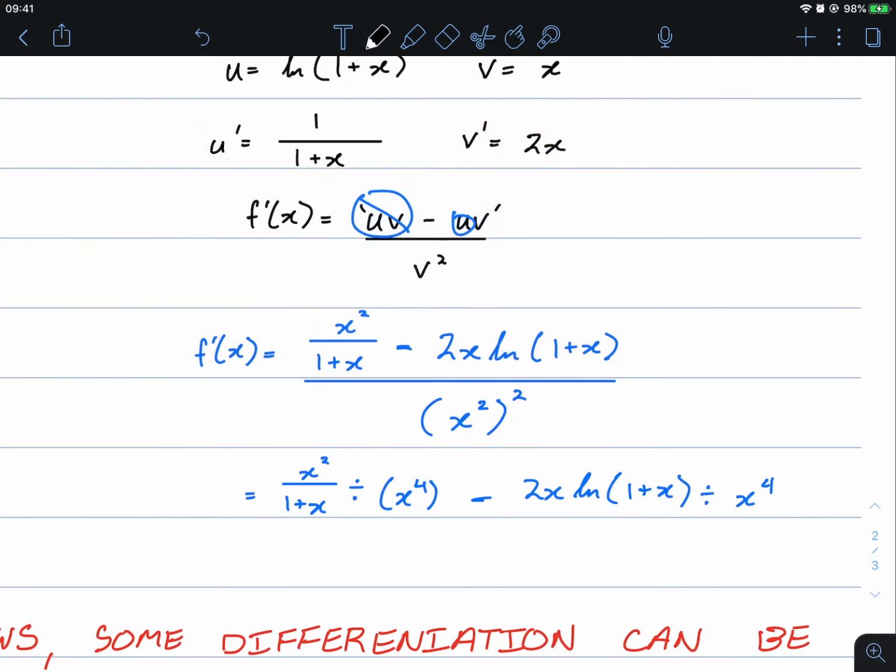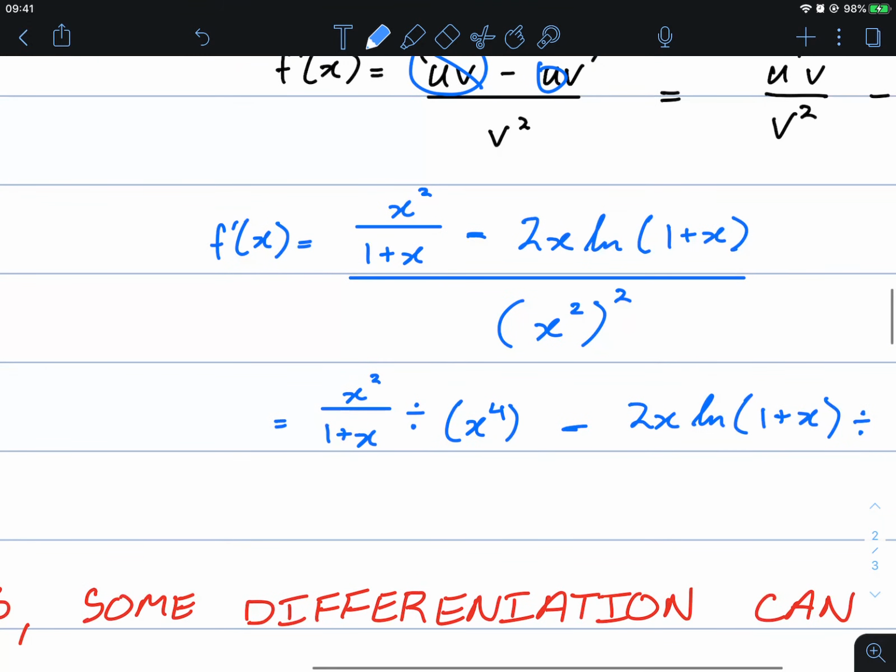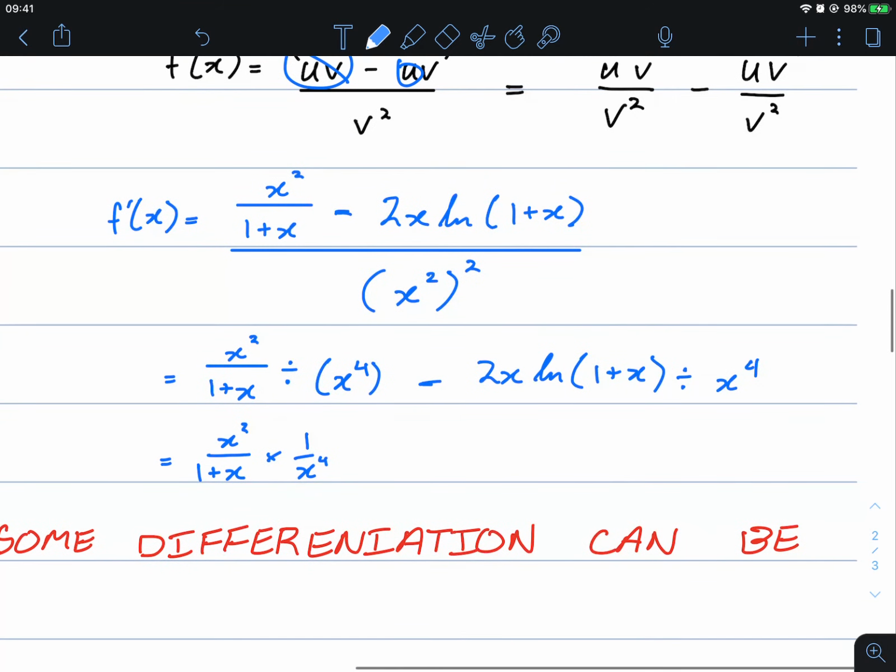In case you're wondering how I did that, this one here is u prime v over v squared minus u v prime on v squared. So I separated that term there. This will become x squared on 1 plus x times 1 on x to the power of 4, minus 2x ln of 1 plus x all over x to the power of 4.